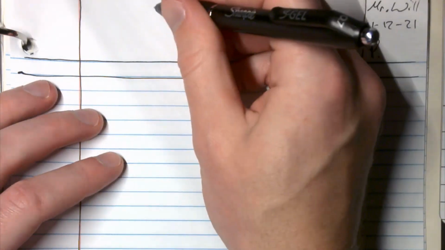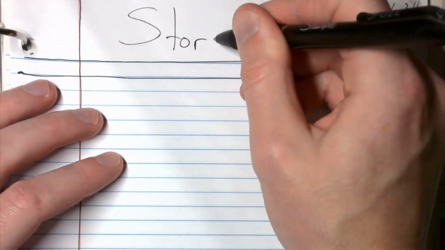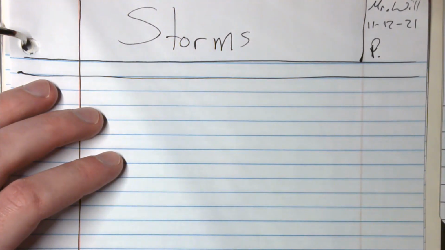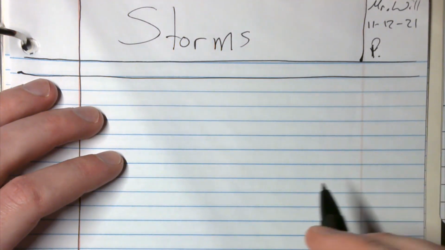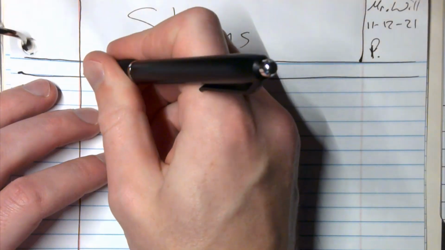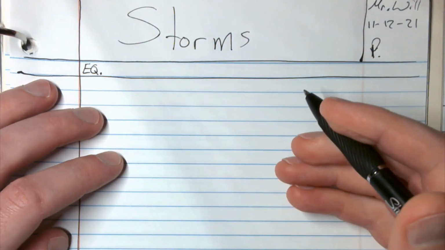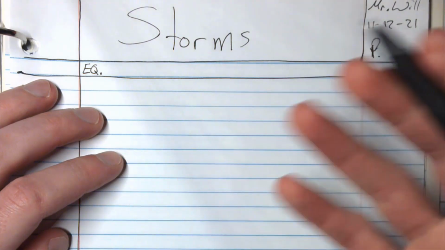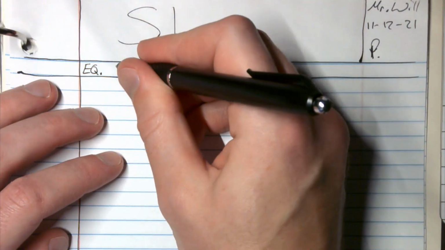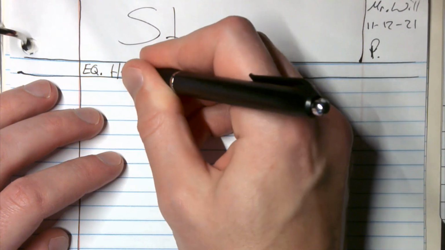All right, so at the very top, we have our topic for today, which is storms, which is always kind of interesting, I think. So our essential question for today is how do these severe weather things differ? So let's write that.